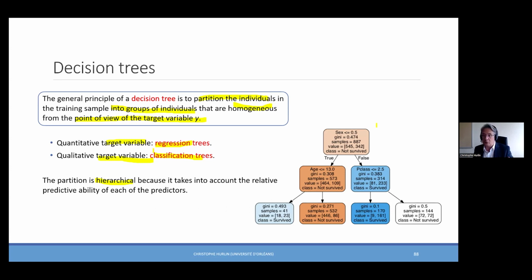For instance, gender, the age, another variable like the income, whatever, and I will segment my population firstly by using a variable x1, and then in a second stage by using a variable x2, etc. So we have a hierarchical partition of the individuals of my training dataset, given a set of explanatory variables. Okay.